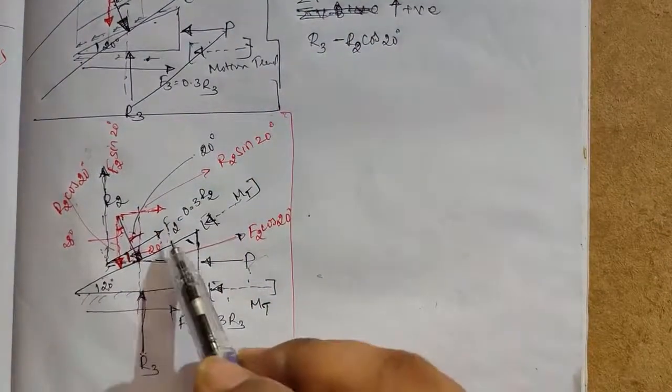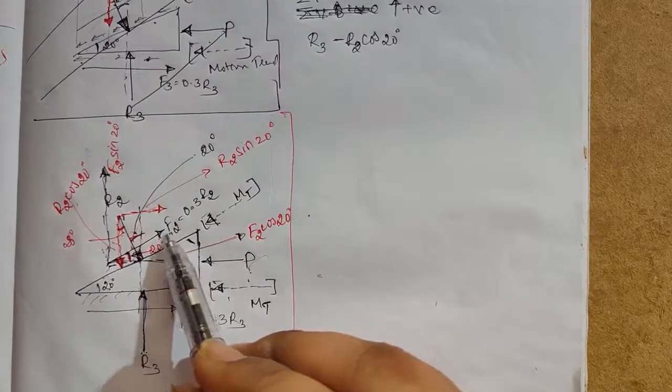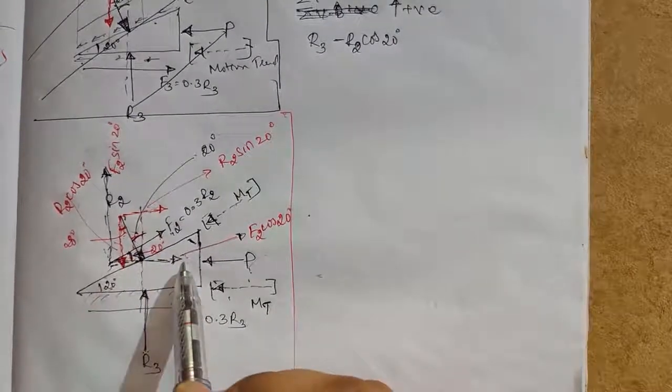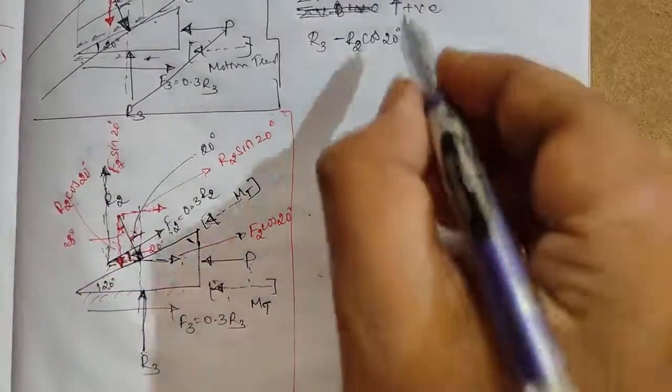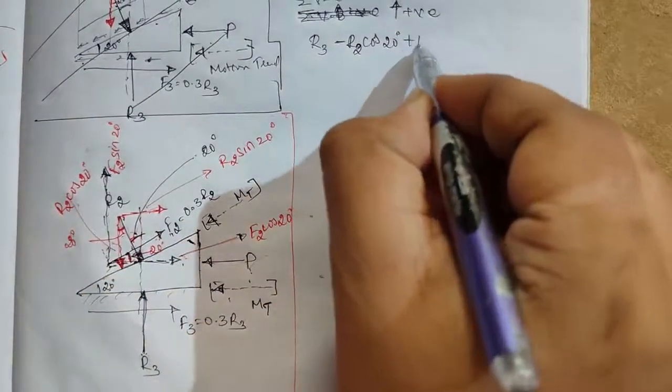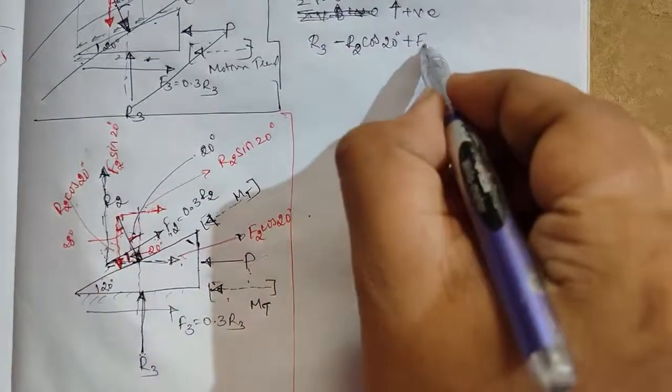Then which are the forces? Come to F2. F2 has two components, one vertical and one horizontal. What we want is the vertical component, that is F2 sin 20, upward direction.